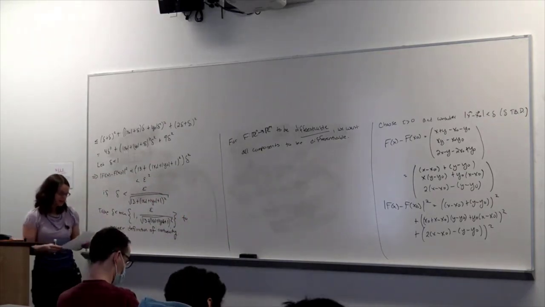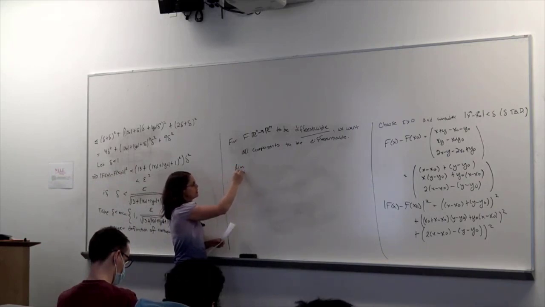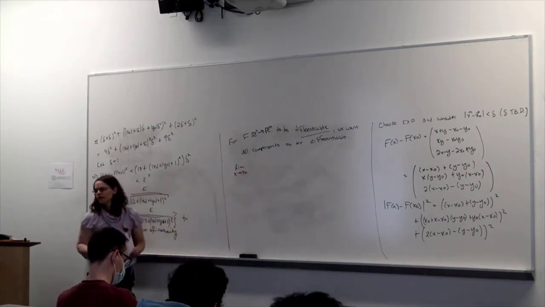We know what that means. We know that this means that the limit as x goes to x naught, let's write this down for the ith component.